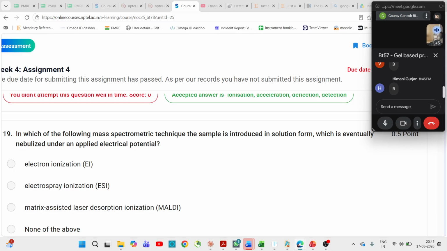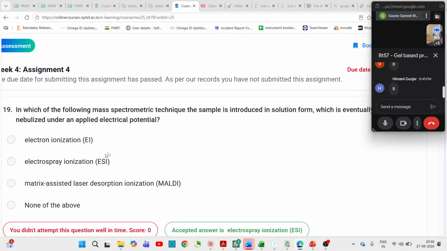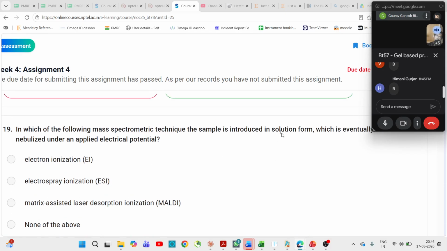Okay, we have not done this, but still, if you can answer it. This is a different type of ionization technique wherein you introduce your sample in solution form and then using a nebulizer, an electric potential is applied. So it's electrospray ionization. In this technique your sample is in solution form, and because of that spray under applied electric potential, they get ionized.